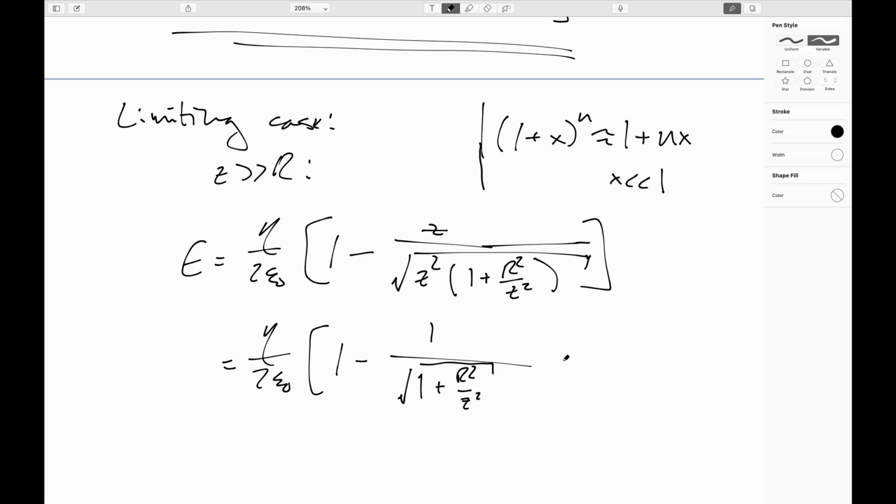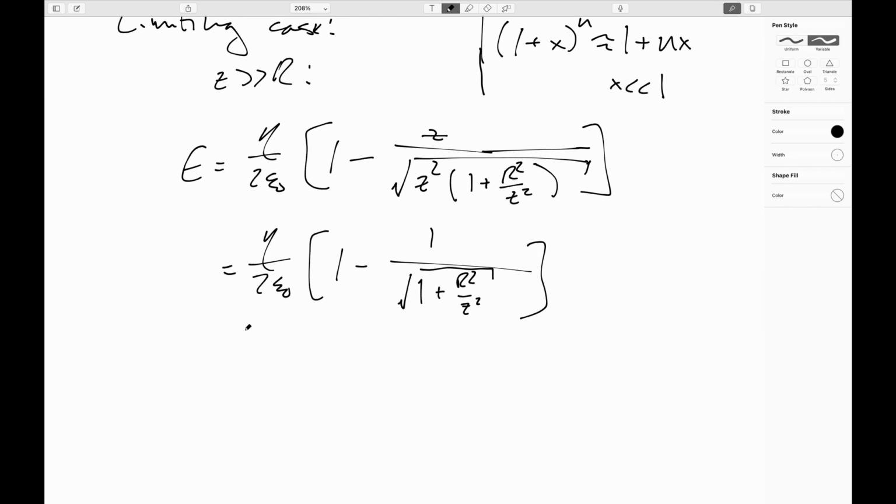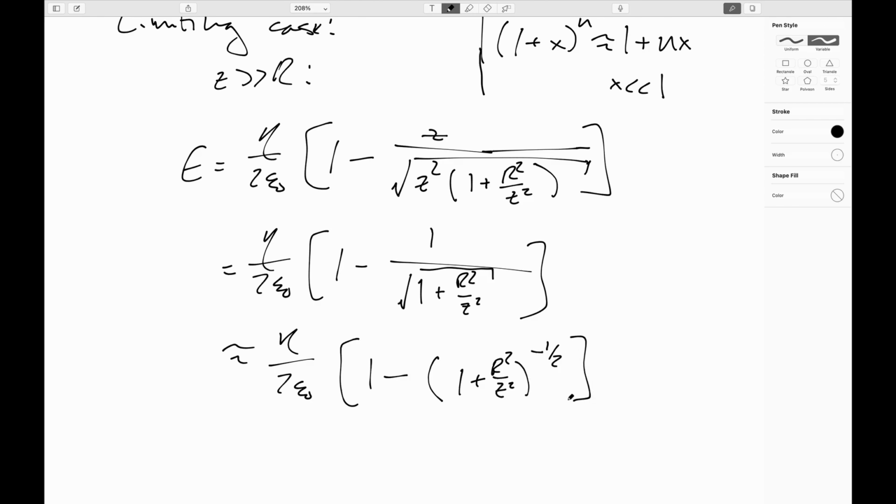So r squared over z squared is definitely less than 1 because r is a lot less than z. So this is a good candidate for my binomial expansion. So we can say that this is approximately eta over 2 epsilon naught times 1 minus, and then to get it even more into our binomial expansion form, we'll say 1 plus r squared over z squared to the negative 1/2 power.